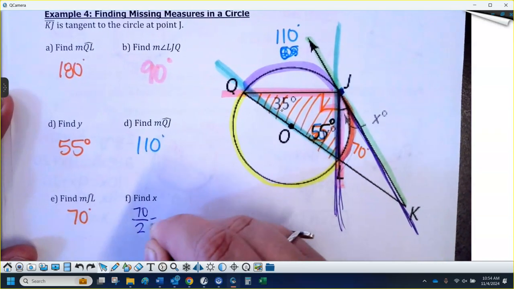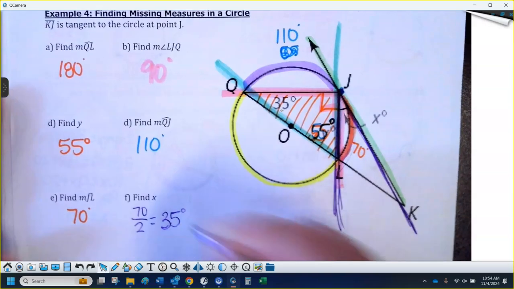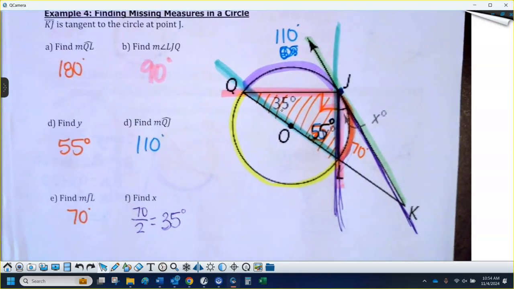So 70 divided by 2, where X is at, would be a 35-degree angle. So if you have the arc, you're going to cut it in half if the vertex of the angle is on the circle. If you have the angle, you multiply it by 2 to get the arc. If the vertex of the angle is at the center of the circle, the arc and the angle will be the same.